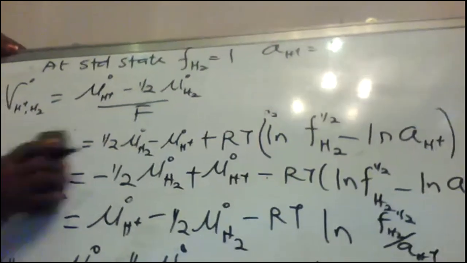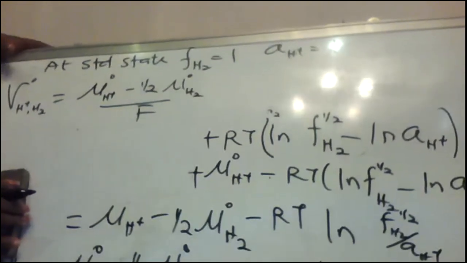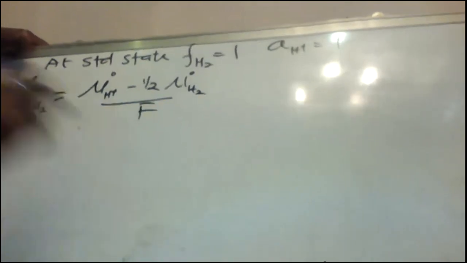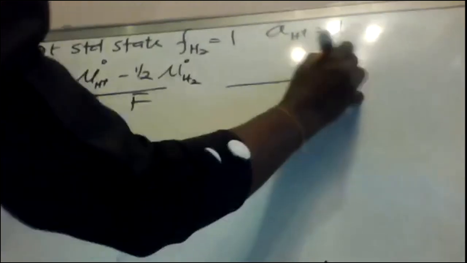So that's all you have. This becomes your equation. I even lost count of my equation, but it's still equation 12. Let's say equation 12D. So this right here is your equation 12D.